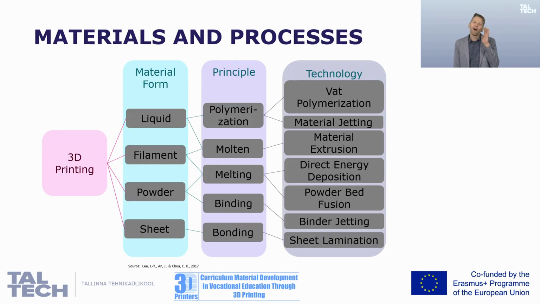So on this slide, you can see the classification of 3D printing methods based on material form, the principle, and the technology. So we can classify the technology by the raw material form.